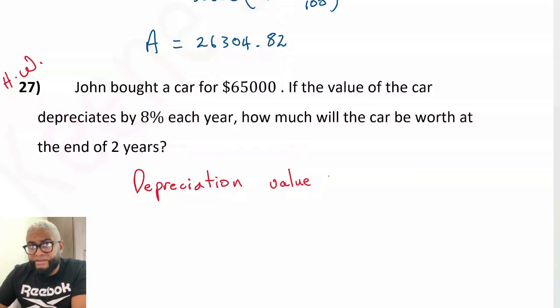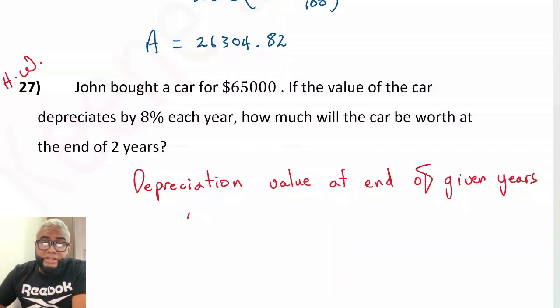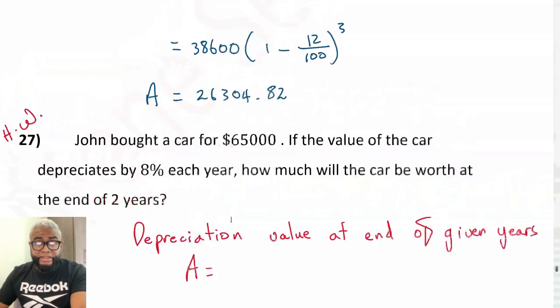Repetition is everything in maths. Writing stuff over and over is everything in maths, right? Depreciation value at end of given years, please write it over, right? We call this value A. So this is the value at the end of the given years, right?